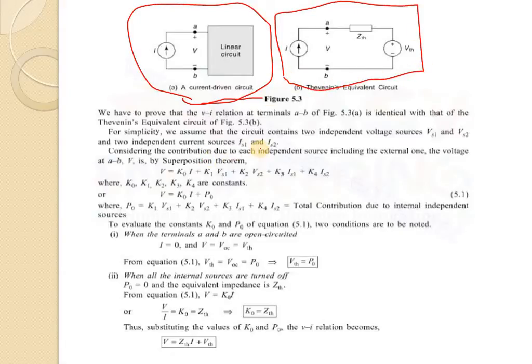For simplicity, we will assume that the circuit contains two independent voltage sources, VS1 and VS2, and two independent current sources, IS1 and IS2.